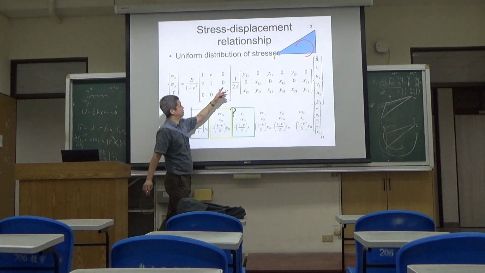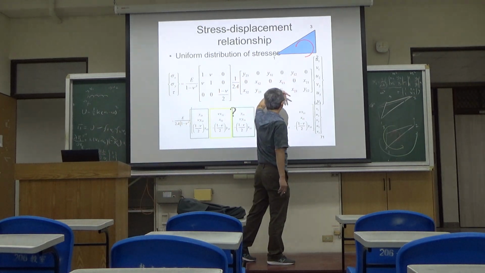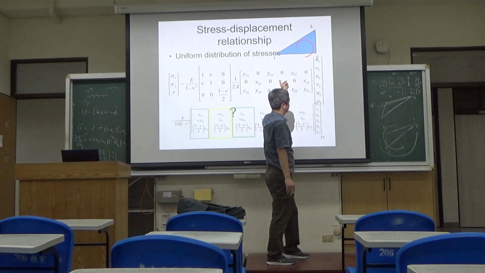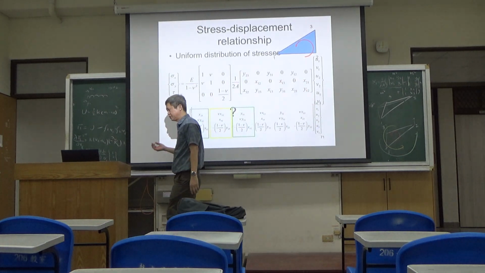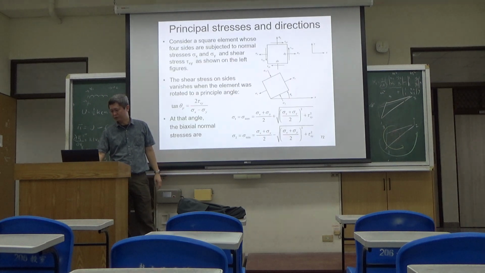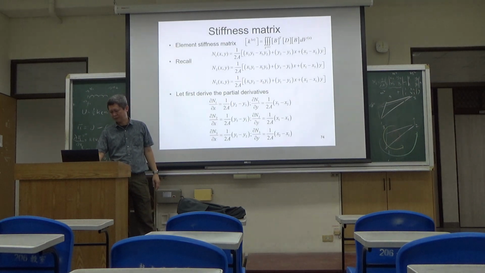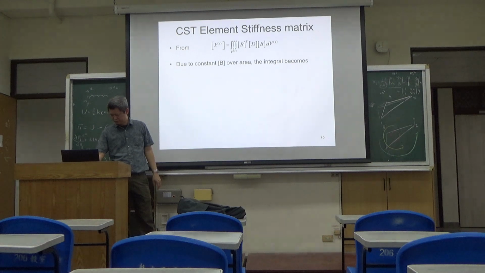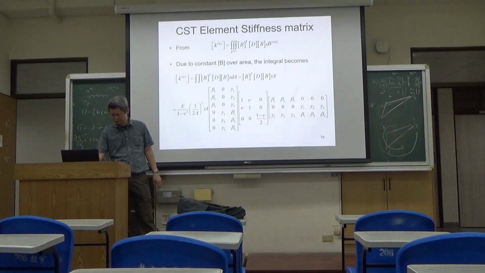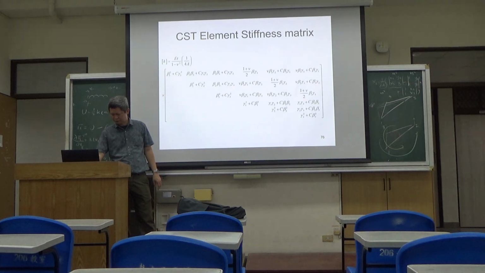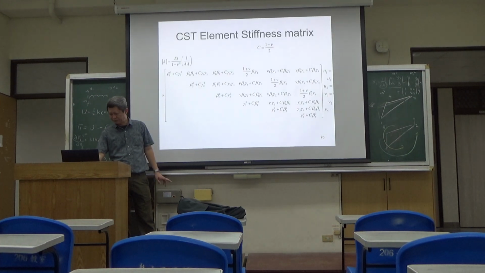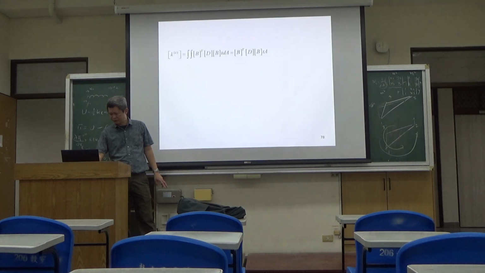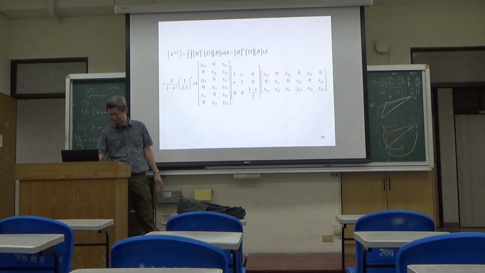This is what we call beta 1, beta 2, beta 3, gamma 2. So you're going to apply this to the example and you will see this.